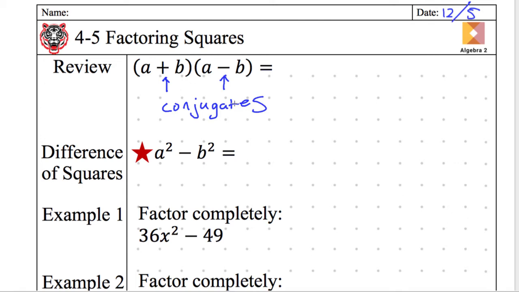What about those make them conjugates? Something to do with how they kind of parallel one another, but there's a slight change. Do you remember what conjugates are? No quiet raised hands? Going once, going twice. All right, no hands. Conjugates just mean you have the same binomial, but a switched sign in between.